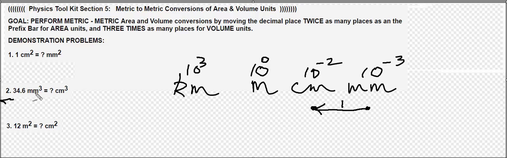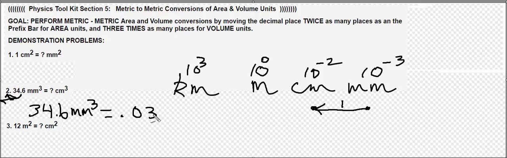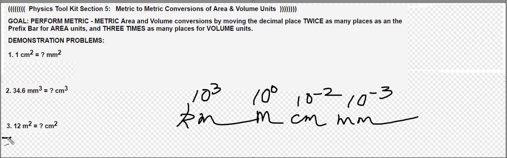But this is cubic millimeters to cubic centimeters, and so the decimal place will go 3 places to the left. So 34.6 cubic millimeters is equal to 0.0346 cubic centimeters.